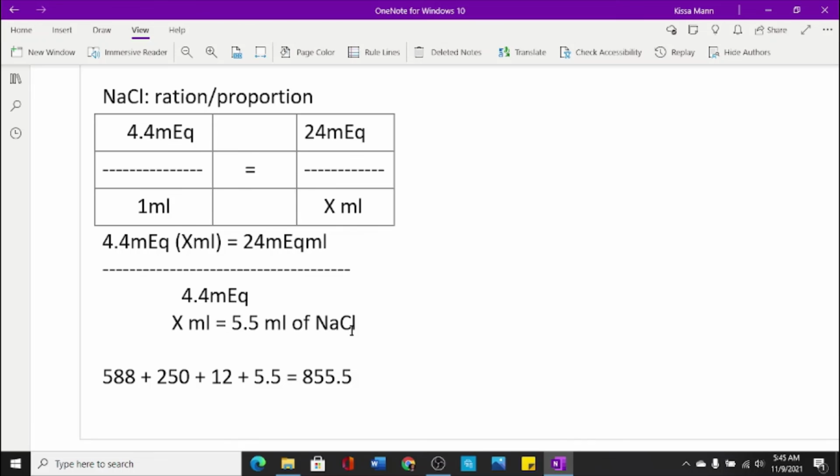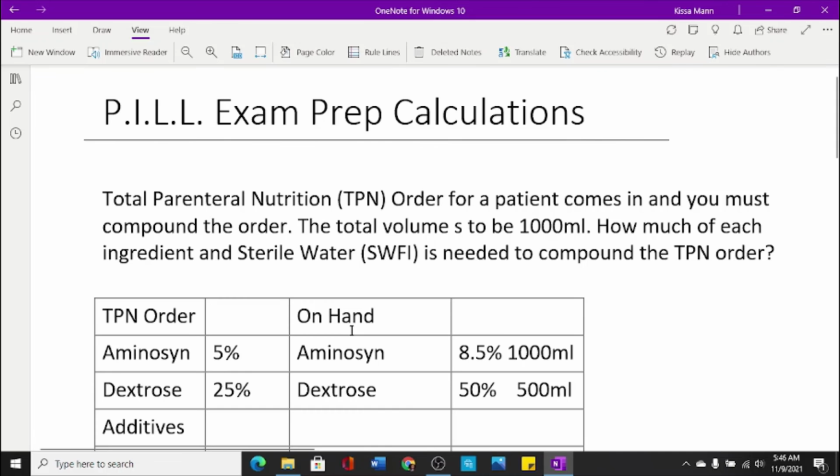Now, total volume ordered is 1,000 milliliters minus 855.5 equals 144.5 milliliters needed of our sterile water for injection to solve this medication order.